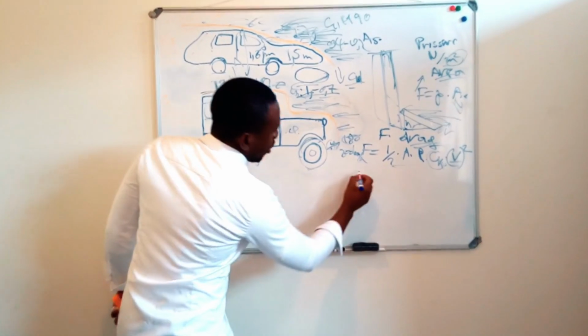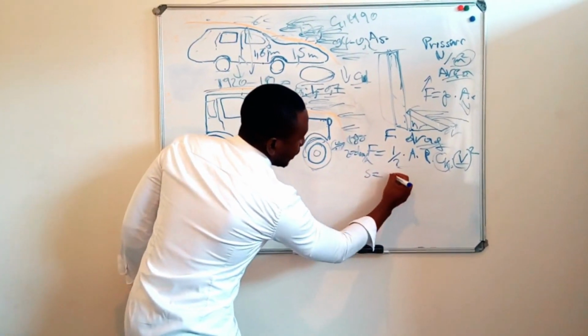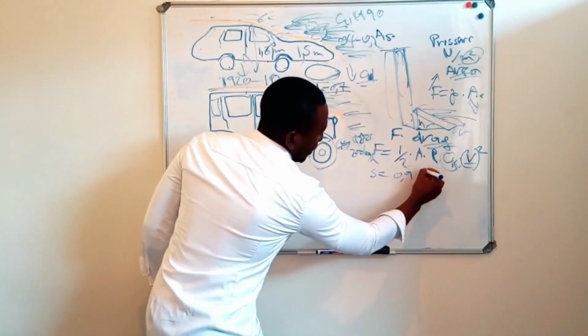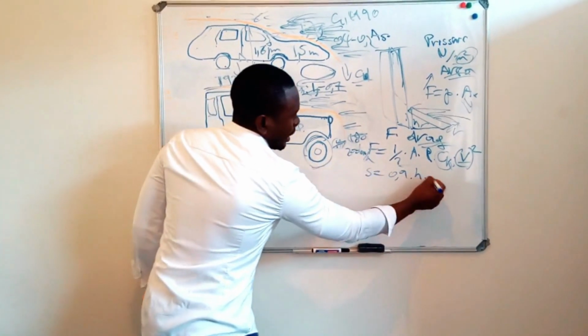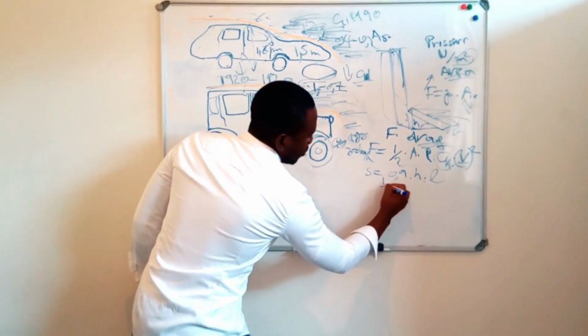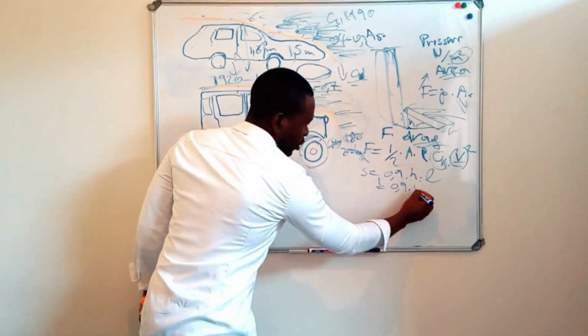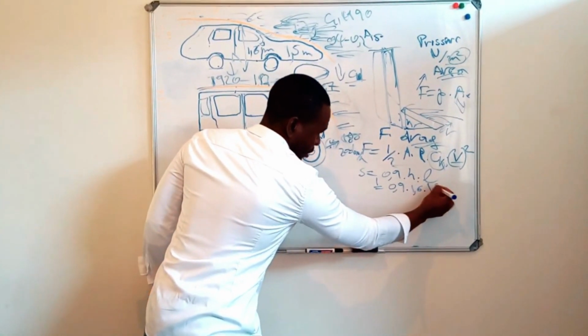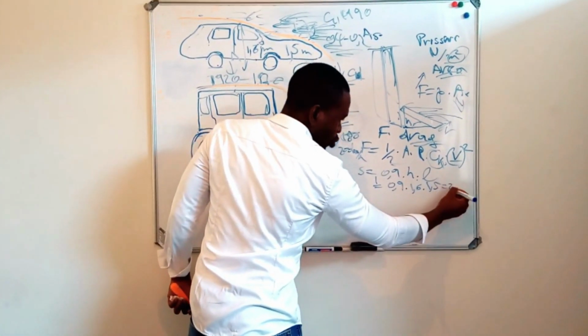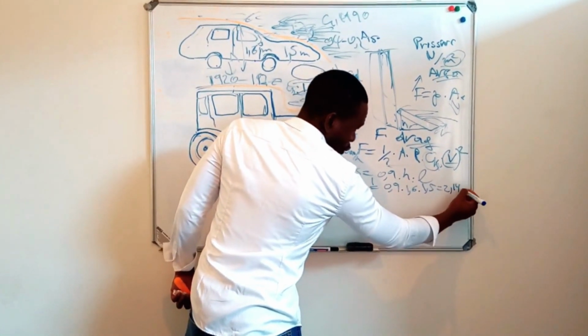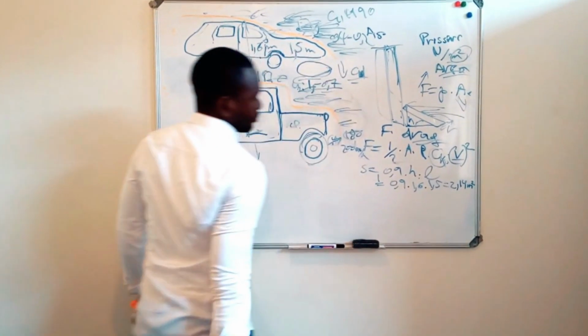The surface of the car is given by 0.9 multiplied by the maximum height, times the length. This means we have 0.9 multiplied by 1.6 multiplied by 1.5, and I get 2.14 meters squared.